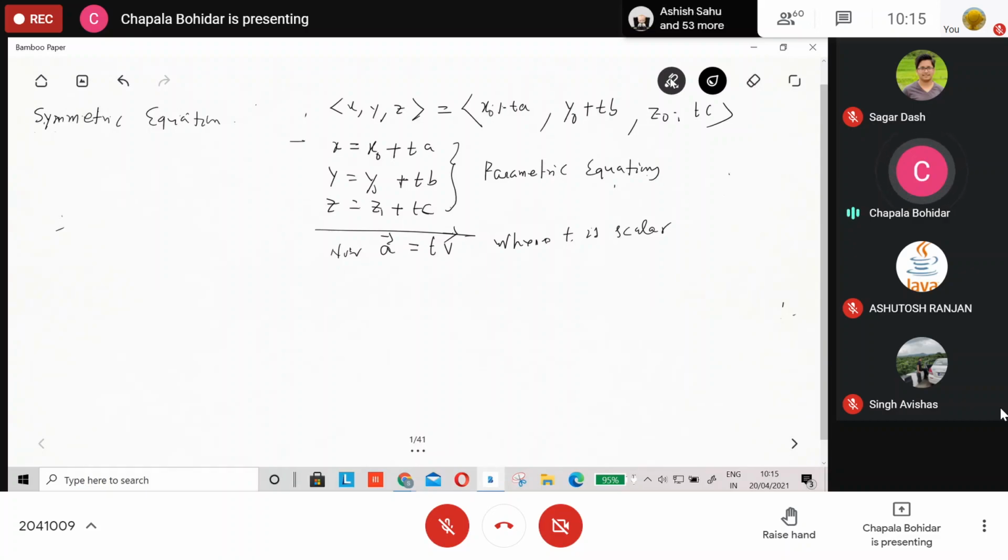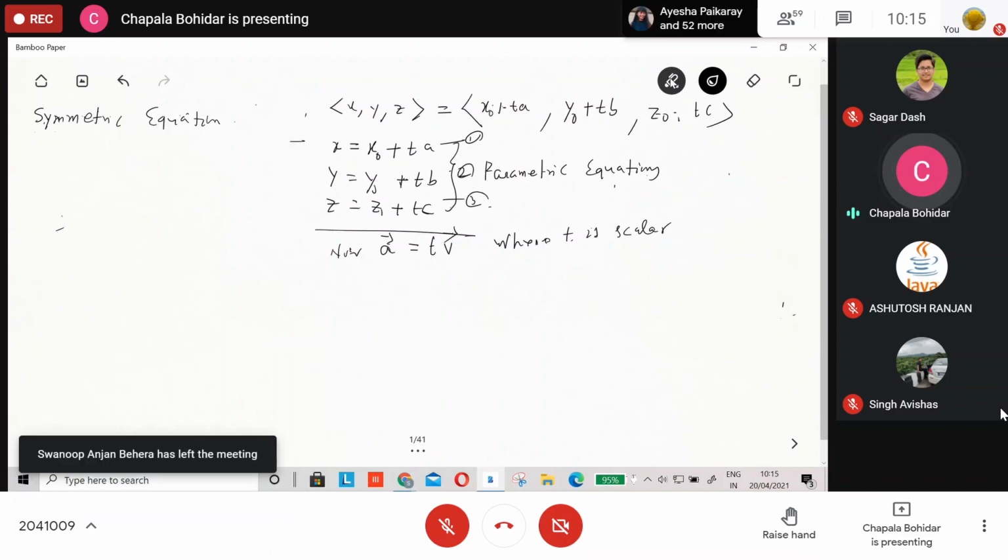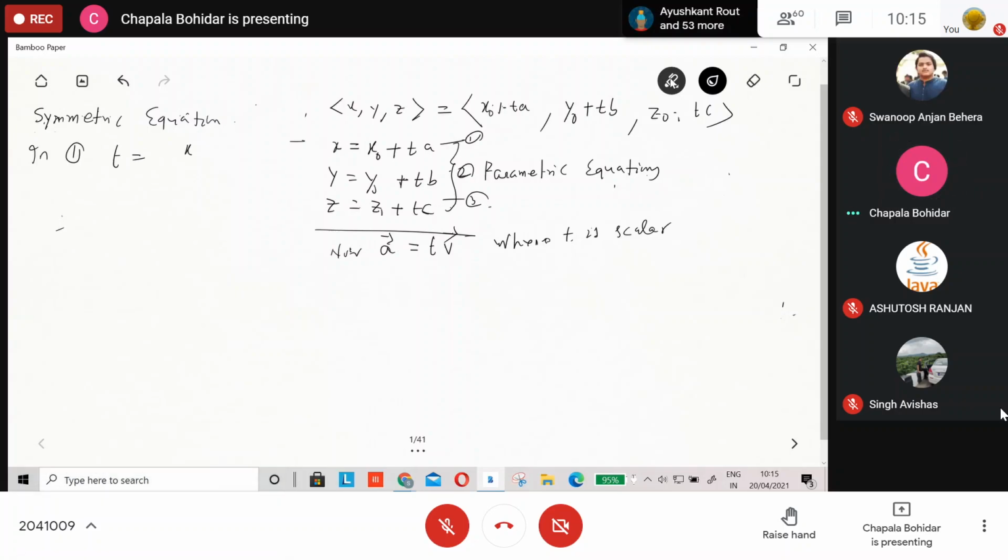You see, these are equations 1, 2, 3. So in 1, t is equal to x minus x0 by a. In 2, t is equal to y minus y0 by b. In equation 3, t is equal to z minus z0 by c.